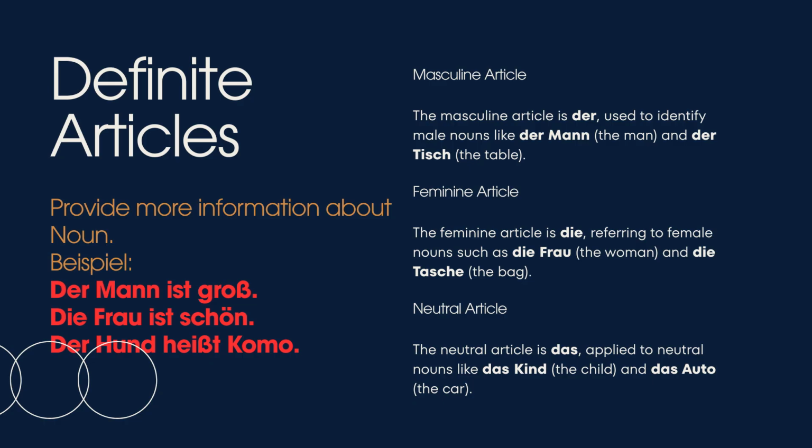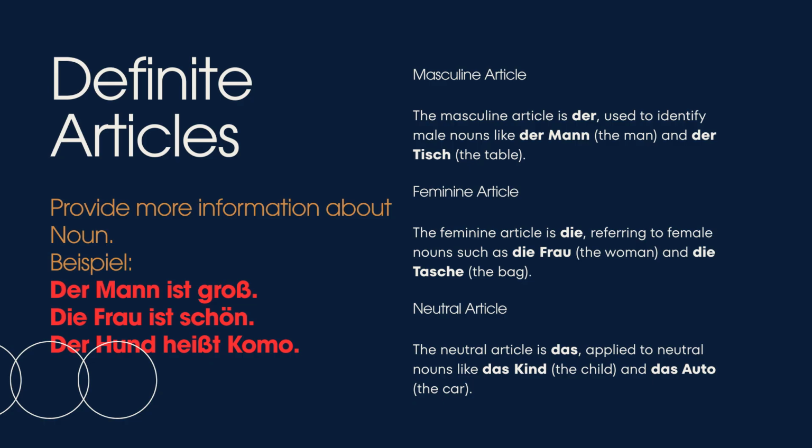The second role is to provide more information about the specific noun. For example, we have der Mann ist groß. The man is big. Basically, we are talking about the man and how he looks. We are providing more information about the specific man.